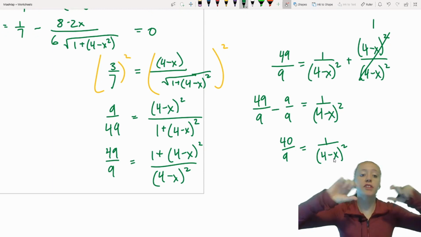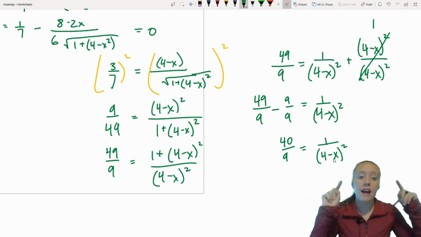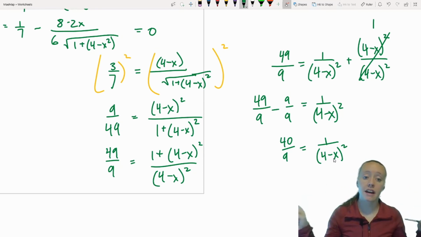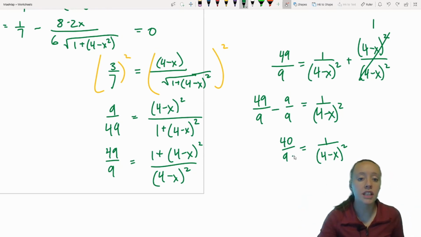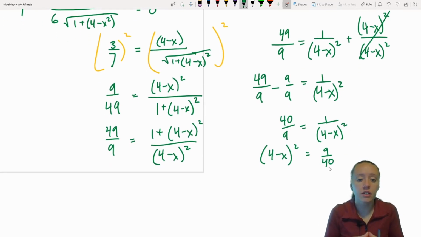Now again, if I flip those fractions one more time, essentially cross multiplying and then dividing by that 40, because on one side I'll have 9 times 1, which is 9. The other side I'll have 40 times (4 minus x) squared. So if I divide by that 40, I'll get (4 minus x) quantity squared is equal to 9 over 40.